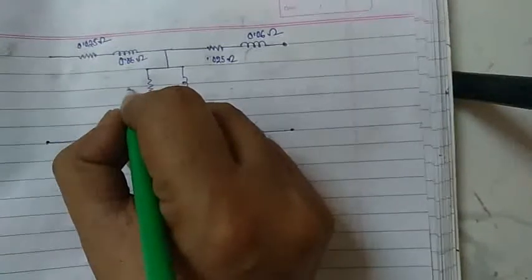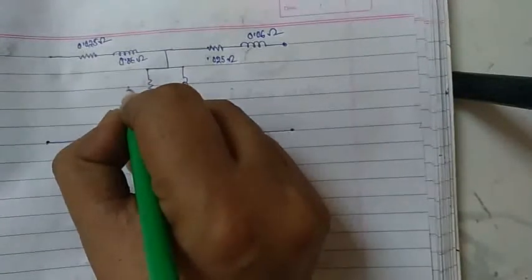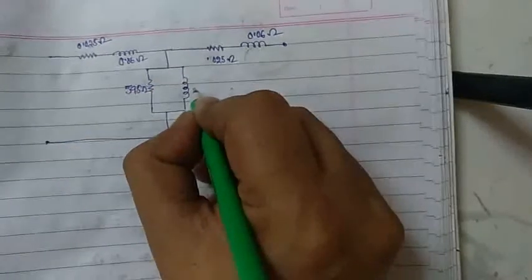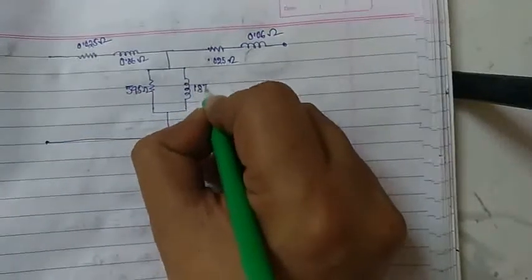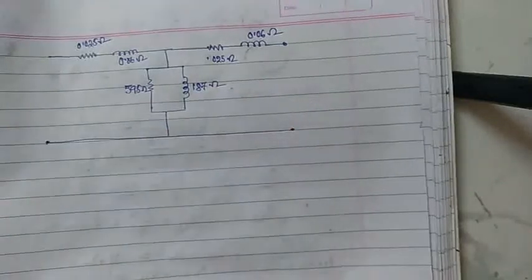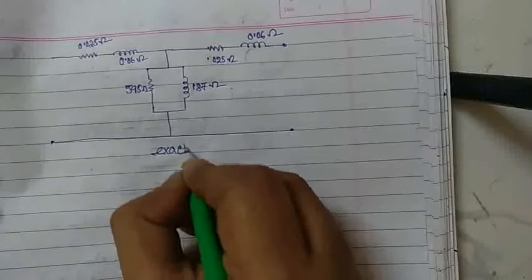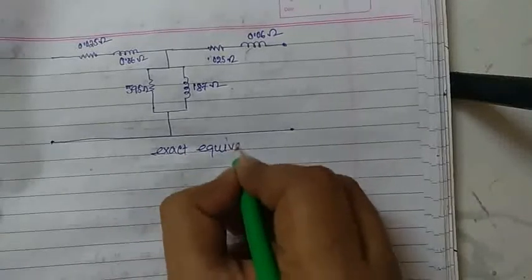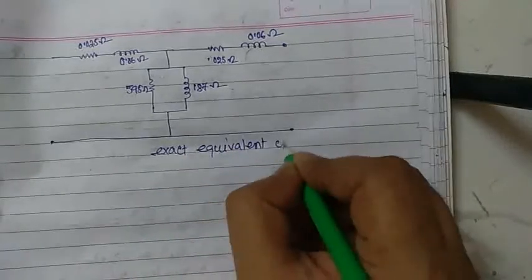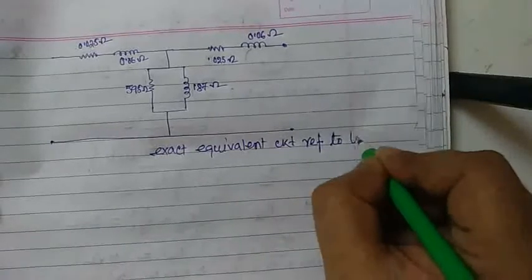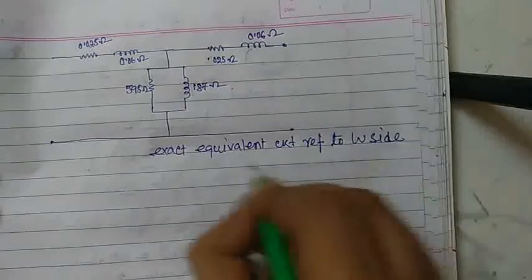As it is referred to the low voltage side, the RCL value is 595 ohm and the XML value is 187 ohm. So this is the exact equivalent circuit referred to the low voltage side.